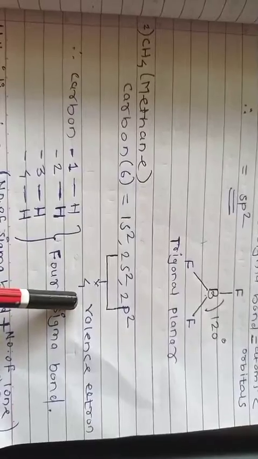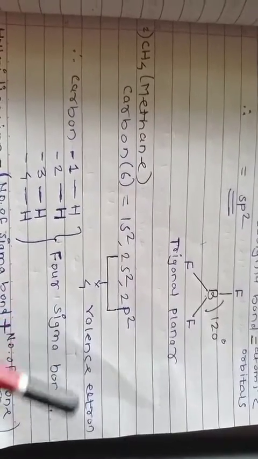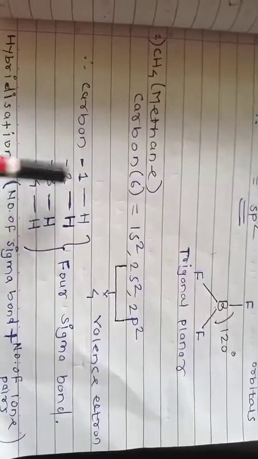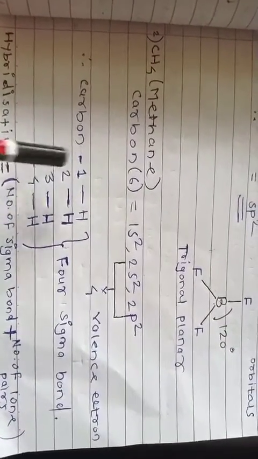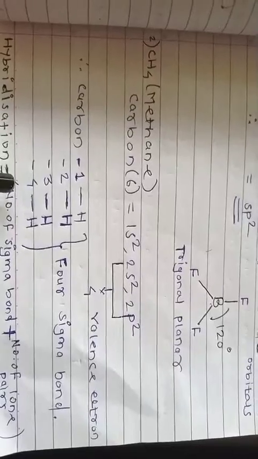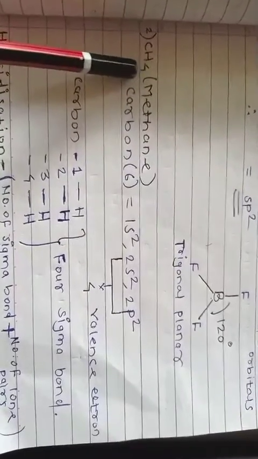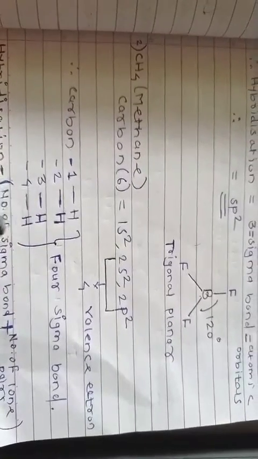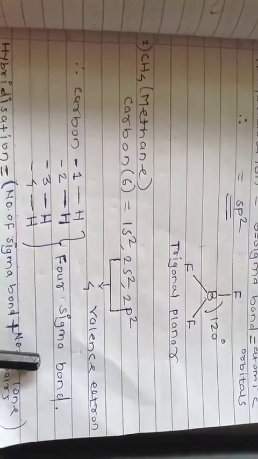So carbon has 4 valence electrons, 1, 2, 3, 4, and in methane there are 4 hydrogens. Those 4 hydrogens combine with the 4 valence electrons, forming 4 sigma bonds.